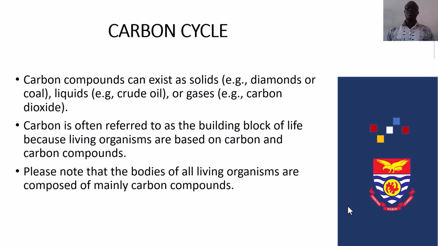Carbon compounds can exist as solids, for example diamonds and coal, liquids such as crude oil, or gases such as carbon dioxide. Carbon is often referred to as the building block of life because living organisms are based on carbon and carbon compounds. Please know that the bodies of all living organisms are composed mainly of carbon compounds.